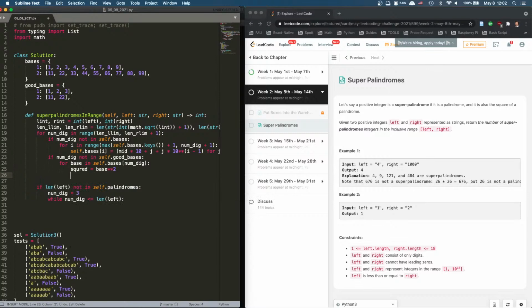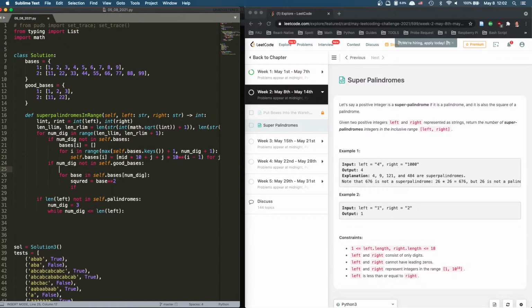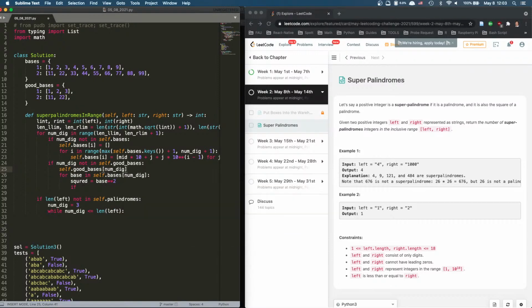And then we say if, oh, that is not a. We have to set it first. This is not a default dict. Same here. So it's also not basis, self.basis. It's gonna be self.good basis equal I. Num digit equals this.